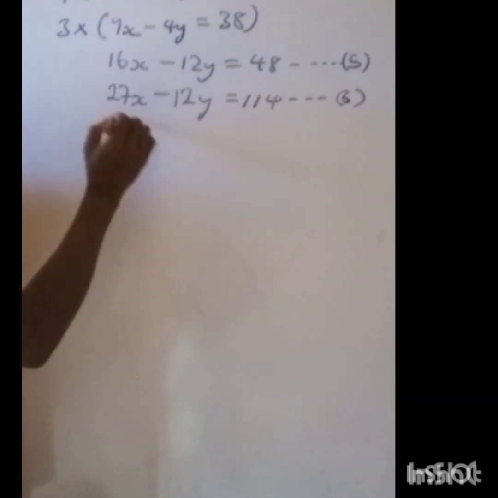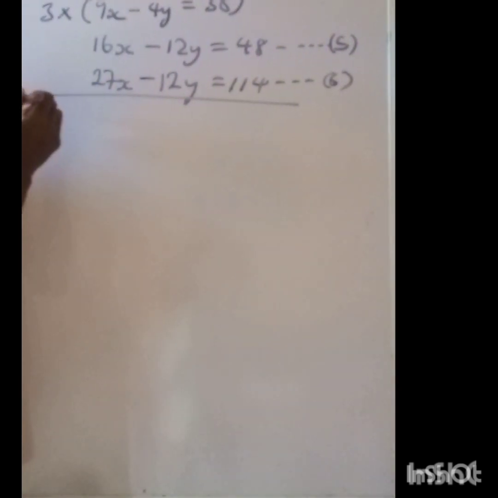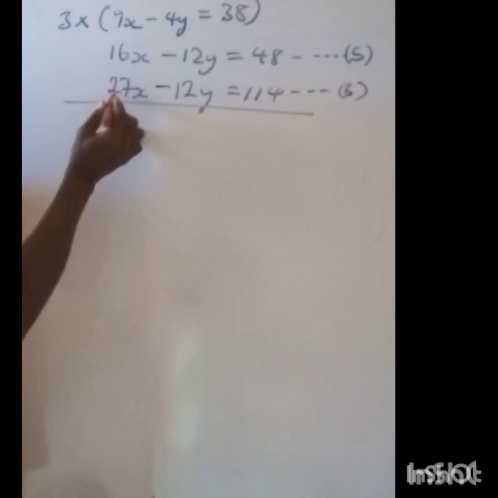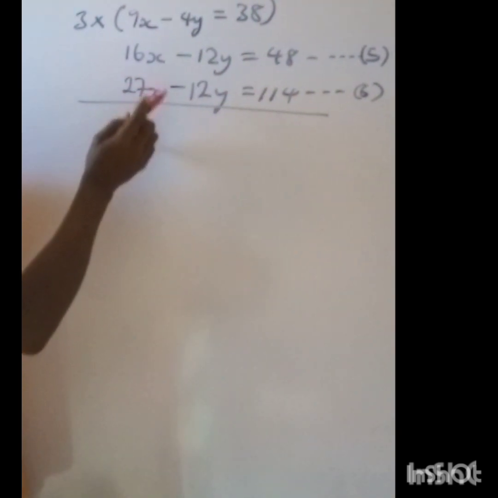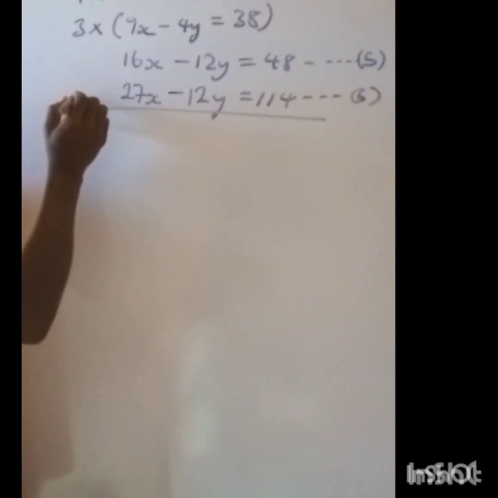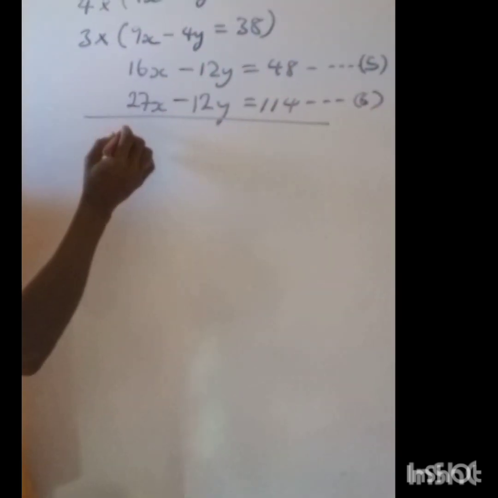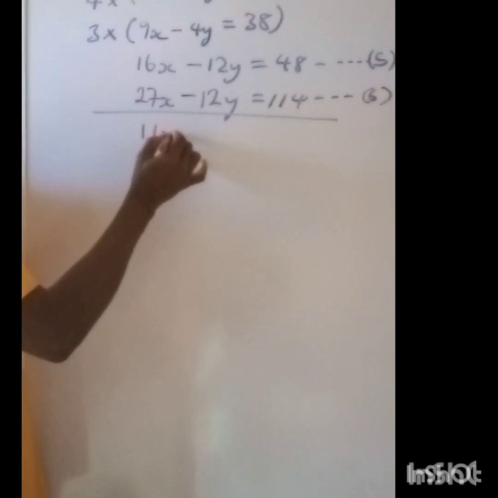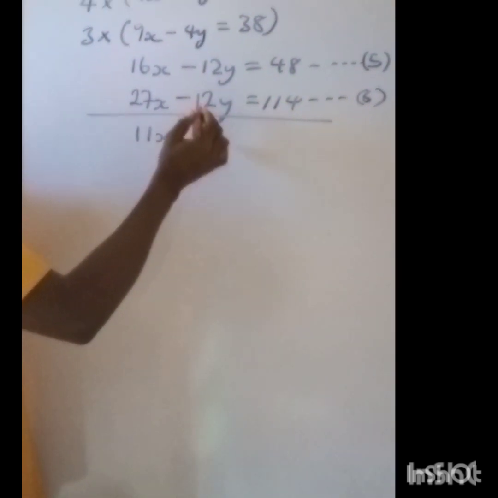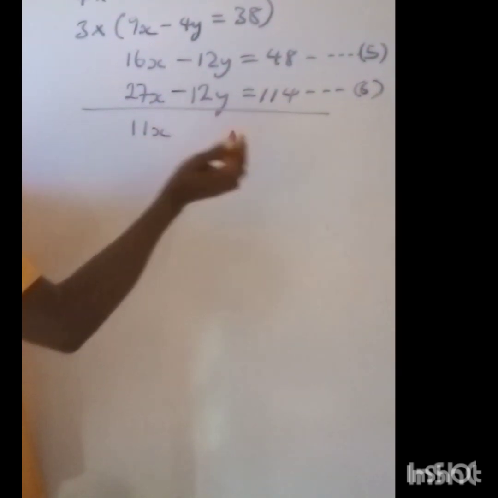Now that we have equal values for y, we will eliminate it by subtracting equation 5 from equation 6. So we'll have 27 minus 16, which is 11x, and minus 12 minus minus 12 gives us 0.